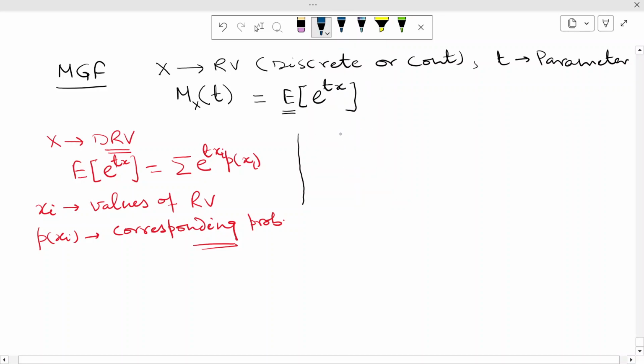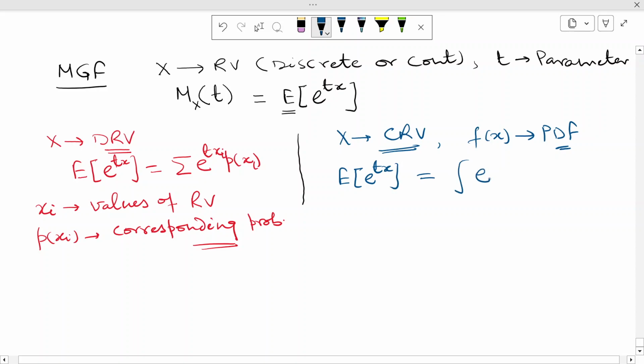Now if x is a continuous random variable with f(x) as its PDF, then the expectation of e to the power tx is obtained by integrating the product of e to the power tx and f(x) with respect to x.